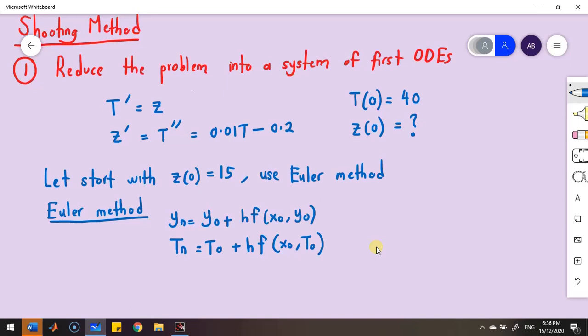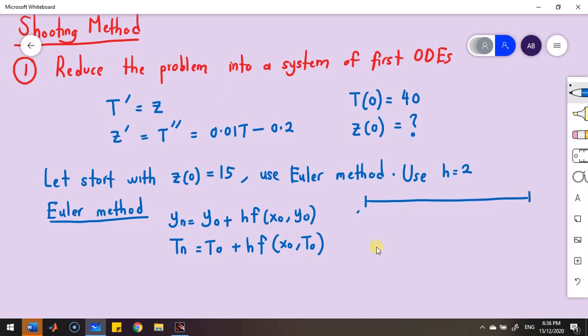What is h? Did the question give anything about the step size h? It didn't mention the step size h, so we don't want to take this too long. Let's use h equals 2. Why do I choose 2? Because I want to use 5 steps.